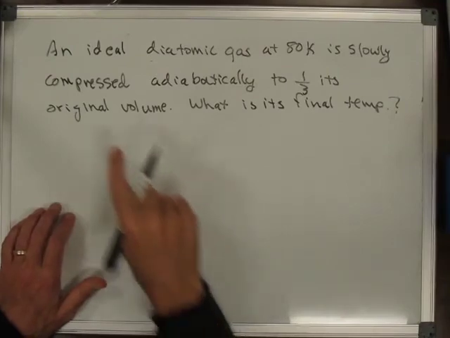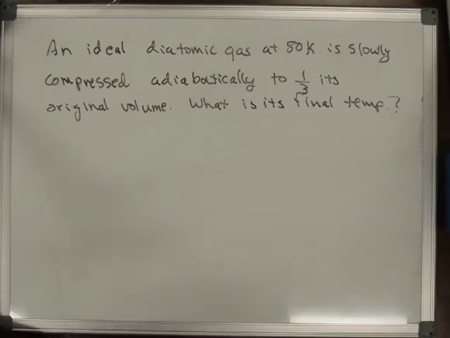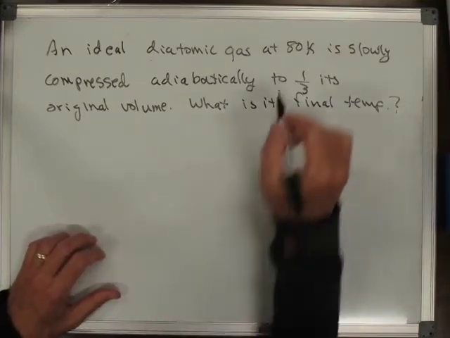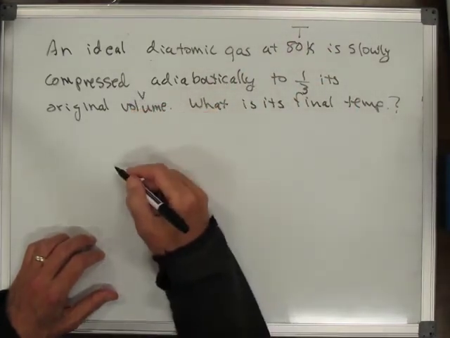So here's an example. It says an ideal diatomic gas at 80 Kelvin is slowly compressed adiabatically to 1/3 its original volume. What's its final temperature? And so here they're talking about temperature and volume in an adiabatic process.